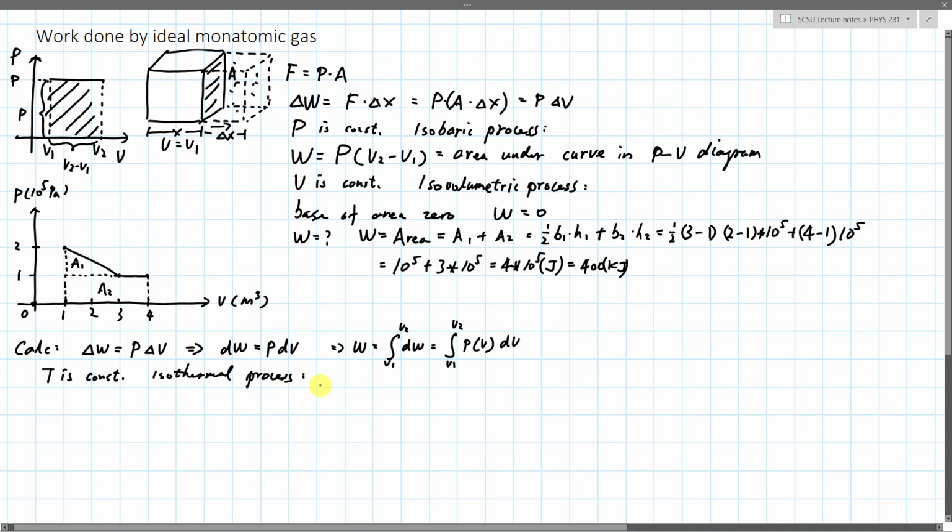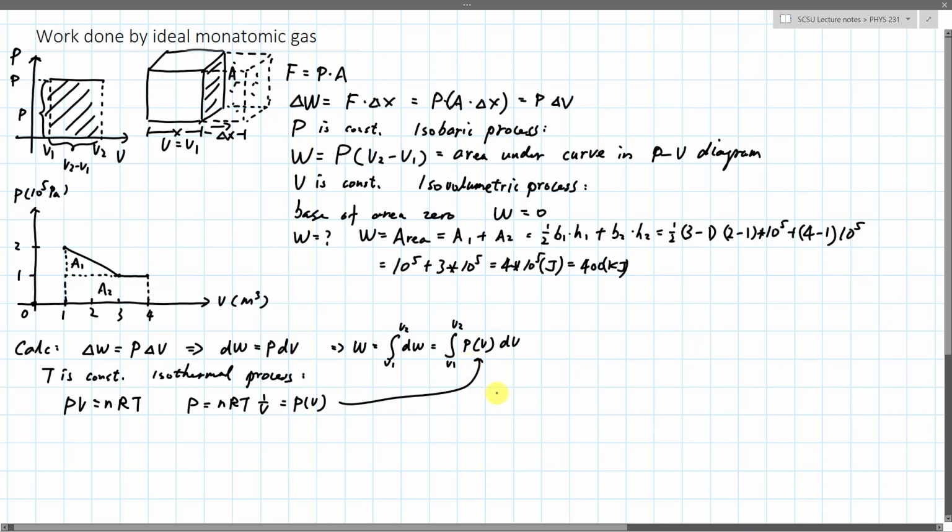Okay, so in this process, because we're talking about ideal gas, we'll have PV equals nRT at our disposal, and T is constant, so it does not depend on volume, and pressure is equal to nRT times 1 over V. This is the function pressure as a function of volume, which we will plug in here into the generic expression.